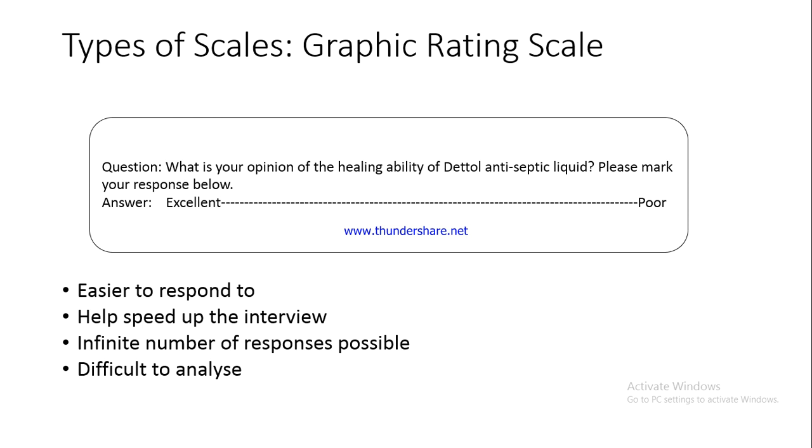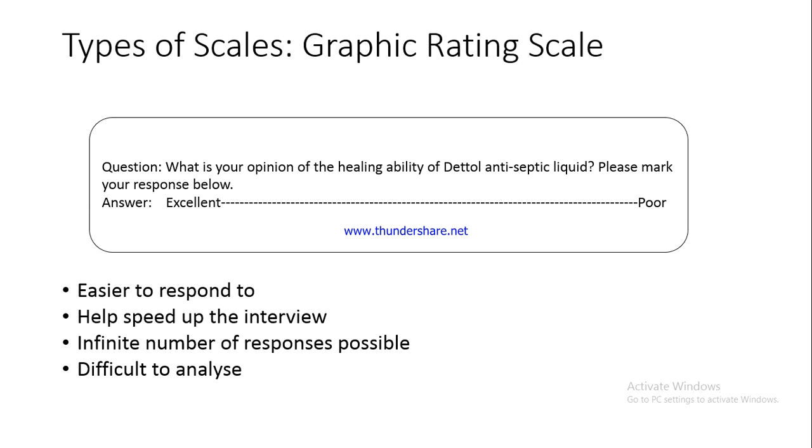For example, let's say, I'll give another example. Suppose the respondent marks his response somewhere on the line between excellent and poor, and you need to know whether he feels that the Dettol antiseptic liquid has good healing ability, or does he feel that the healing ability is poor. For that you will have to measure the distance of his response from the two extremes.